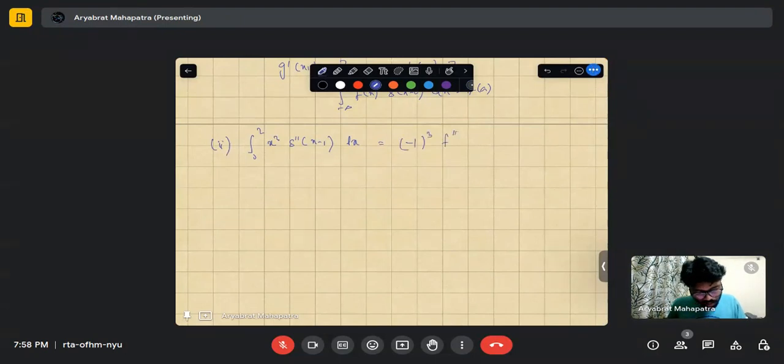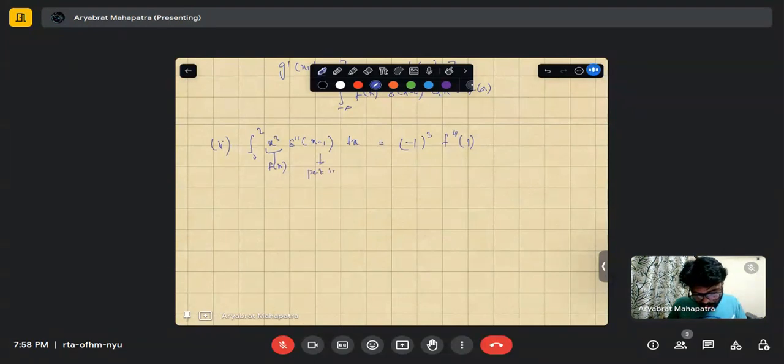You have to take the derivatives of a function f. Your f of x is x cube. You have to take derivatives of x cube, and then get its value at 1 because your peak is at 1.